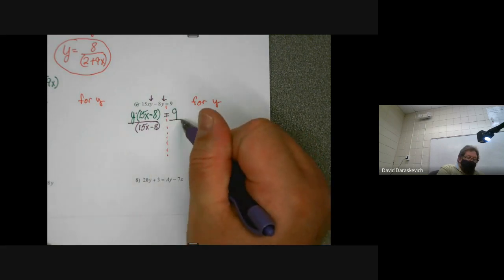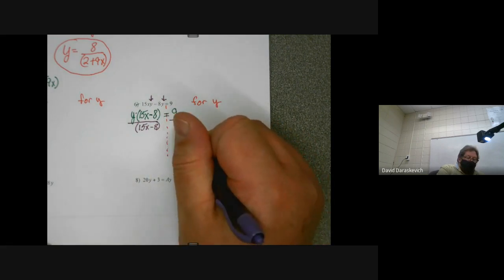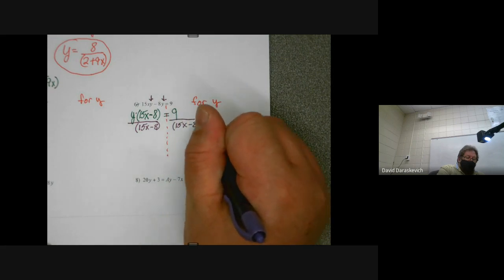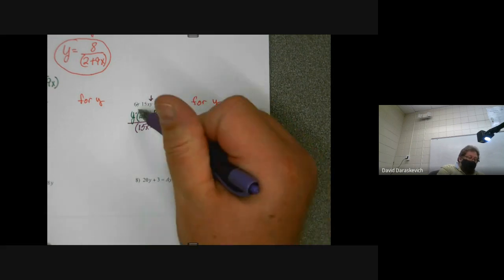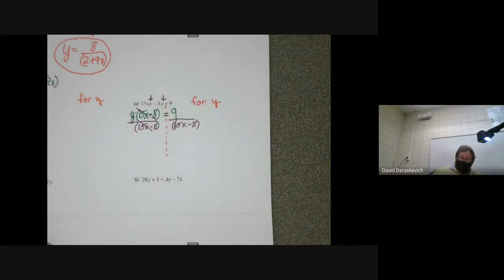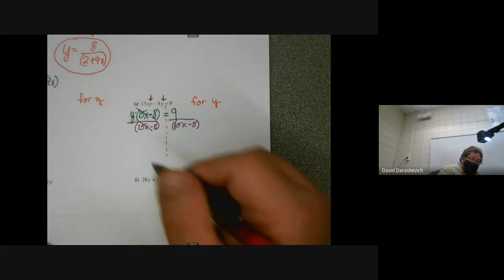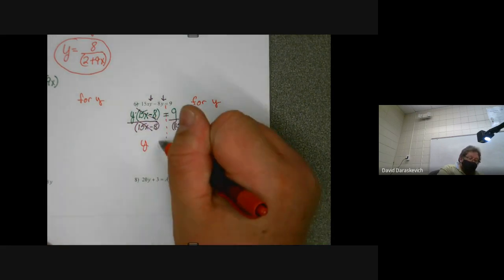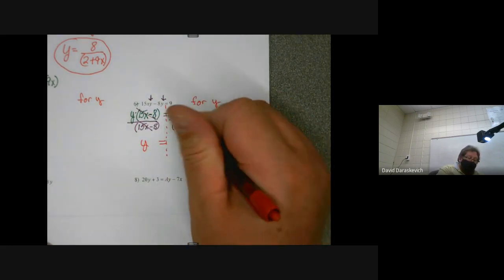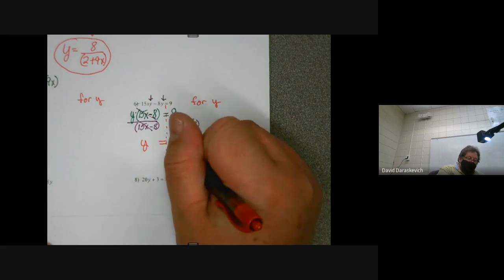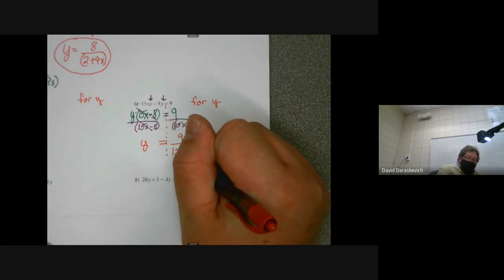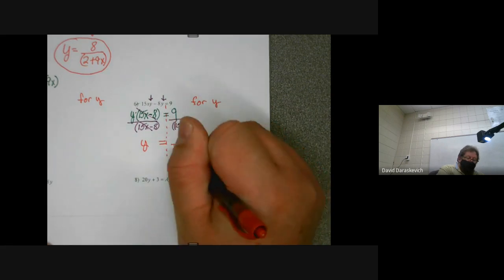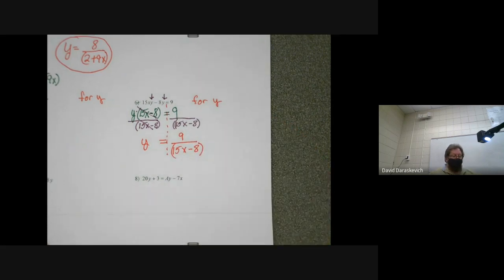Remember, whatever I do to one side, I have to do to the other. So this number cancels. And I'm left with y equals, and I don't care about this whole mess over here, 9 over 15x minus 8. If you want to keep the parentheses there, you can. And that's my answer.